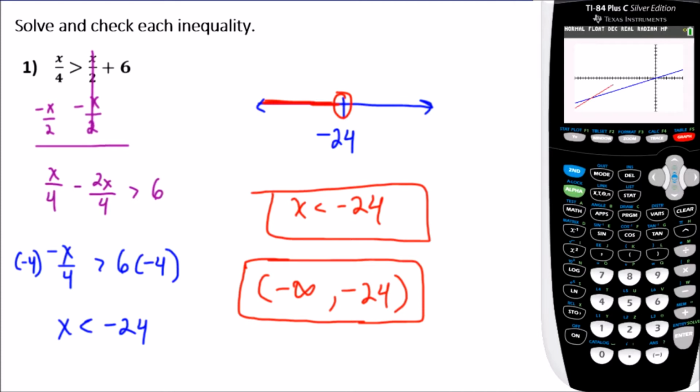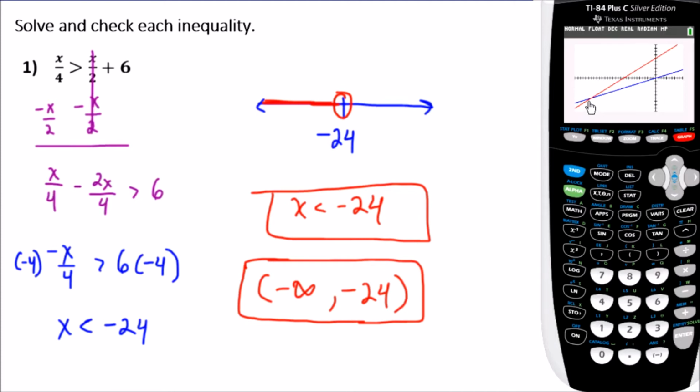This was the graph in blue, x over 4. That was the first thing we looked at. X over 4 was the one on the left. X over 2 plus 6 was the one on the right. What does it mean for the graph of x over 4 to be greater than the graph of x over 2 plus 6? That means the graph in blue is going to be above the graph in red.